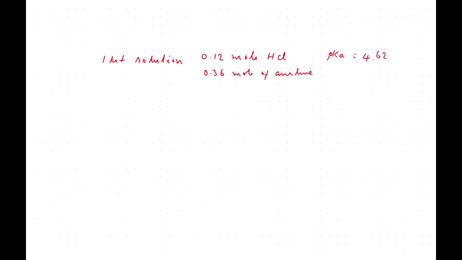Watch closely. This is aniline. Aniline is a weak base. When aniline is added with hydrochloric acid, you are getting this salt.